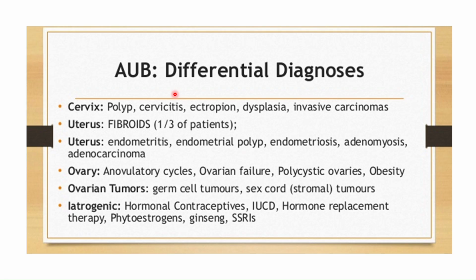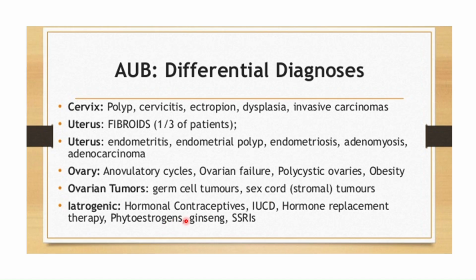Now, what are the causes of AUB? In case of cervix, cervicitis, dysplasia, polyp or carcinoma of cervix; in uterus, leiomyomas, endometritis, endometrial polyp, adenomyosis or malignancy. Ovarian causes are mostly anovulatory cycles, ovarian failures or polycystic ovaries, and some tumors.